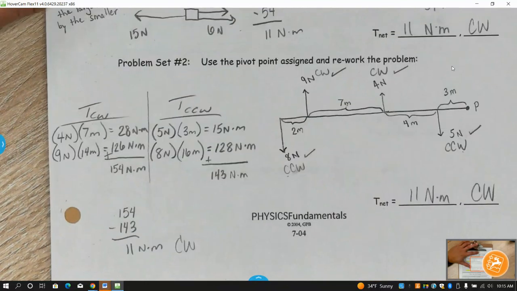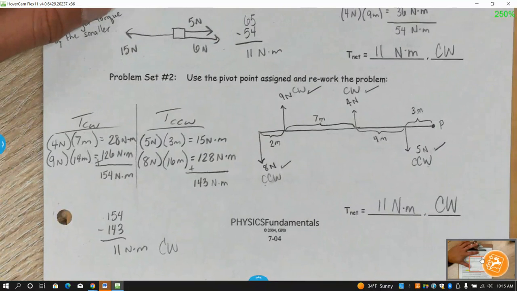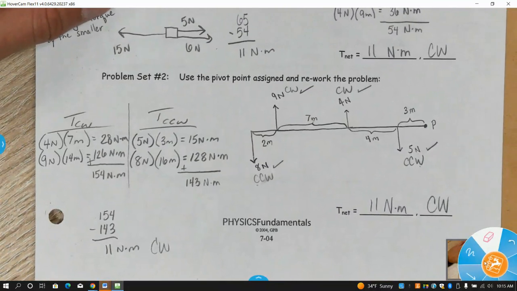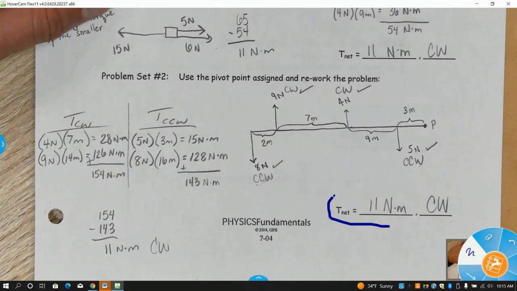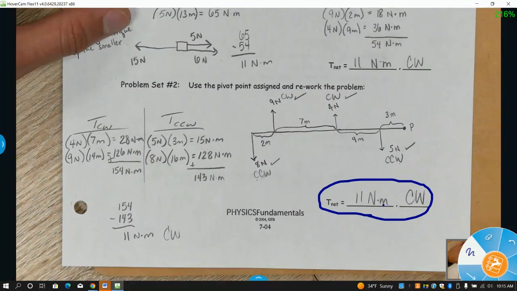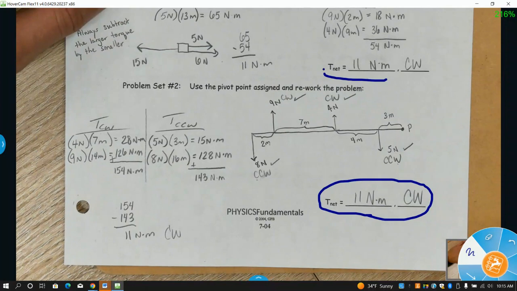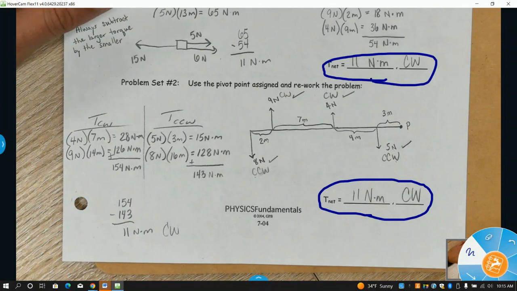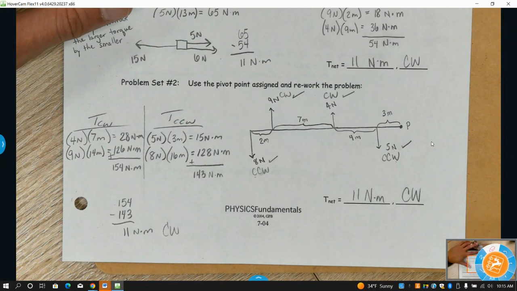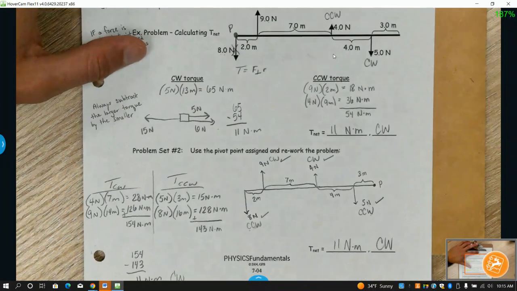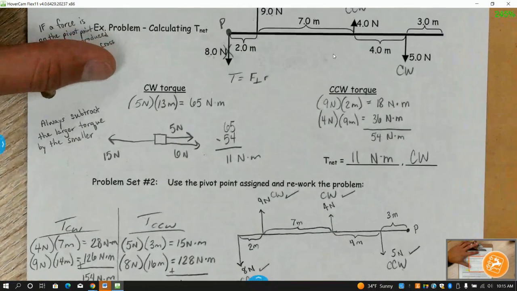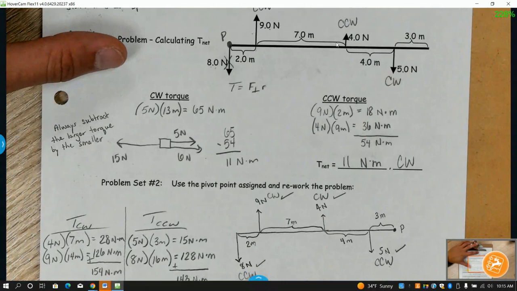Now, Morgan, you see that? It's just easy. Look at this. We had 11 Newton meters clockwise, and here, 11 Newton meters clockwise. Why is that? Because essentially they are the same drawing. We just switched the pivot point to a certain spot.